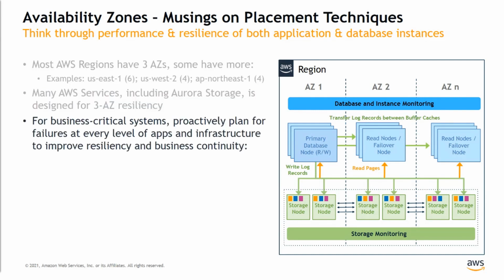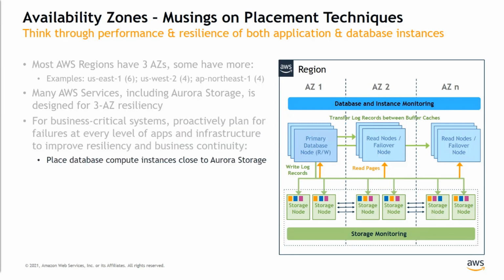But it's really important that you, as the customer, proactively start thinking about that. So for your most business critical systems, you should be thinking about how do I plan for failures that might happen at virtually every level of the stack and infrastructure, right? So all in the name of improving resiliency and continuity.